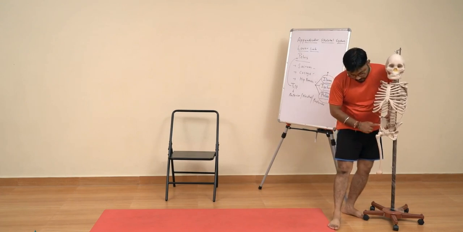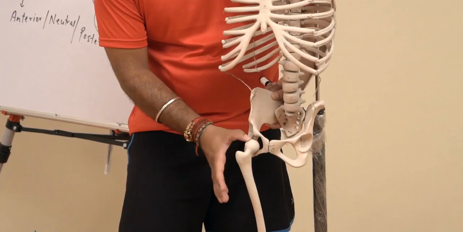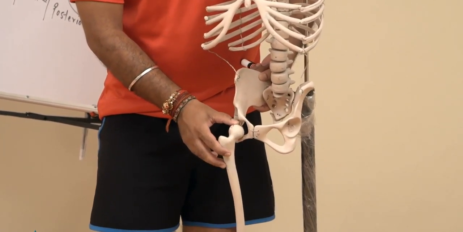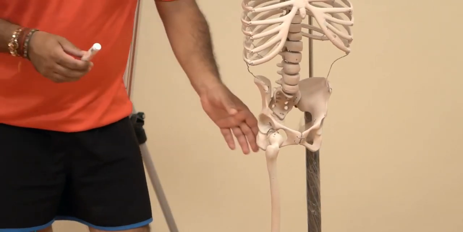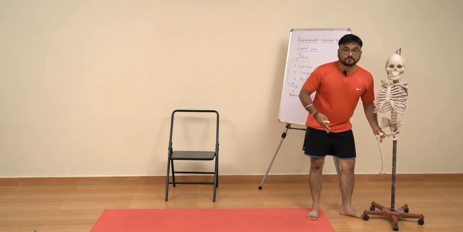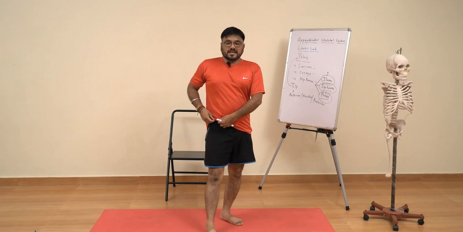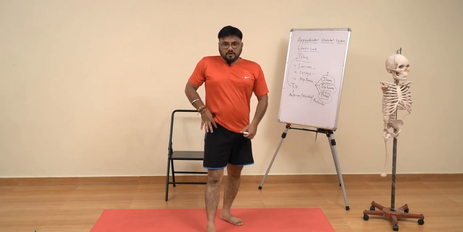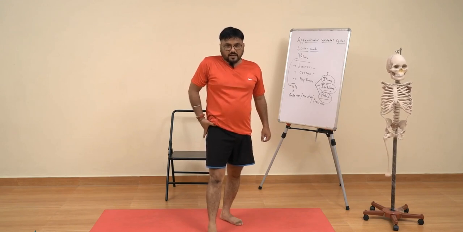If you go slightly downwards from here, 1 inch, 2 inch, and 2.5 inch, you find the head of the femur bone, which attaches to the socket. To find the hip joint, check the front part of the hip bone and go slightly down 2.5 inches.